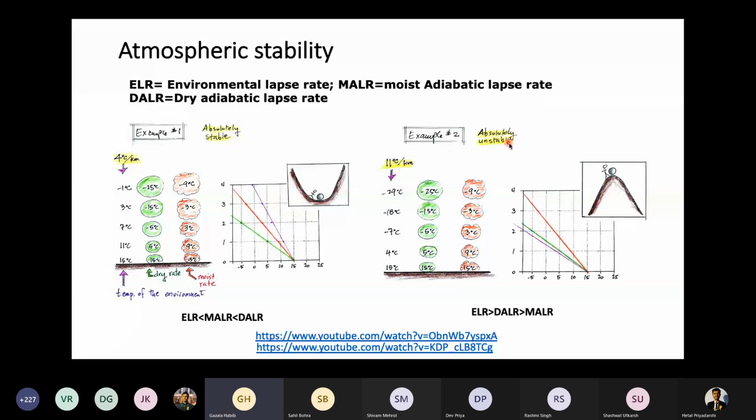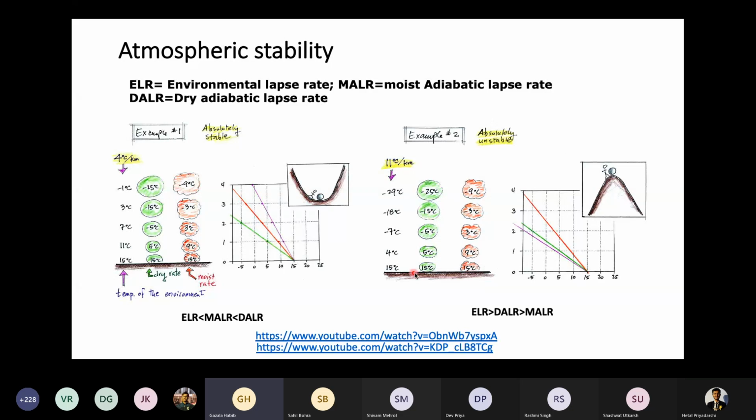Then the second case, absolutely unstable. In that case, the environmental lapse rate is greater than the lapse rate of the dry air parcel and also of the moist air parcel, say 11 or 12 degrees centigrade per kilometer, meaning greater than 10 degrees centigrade per kilometer.